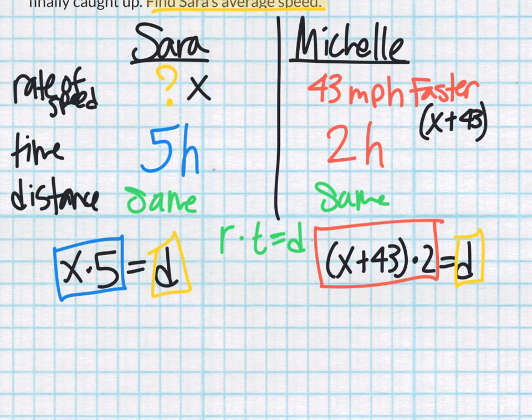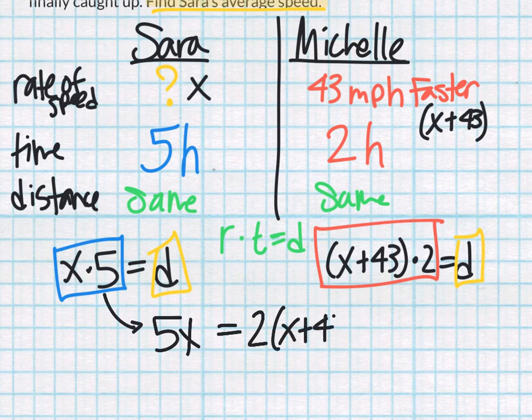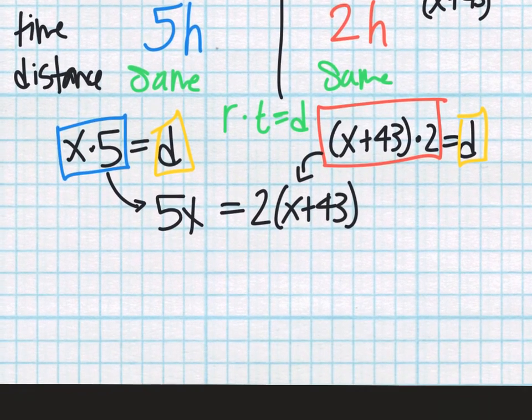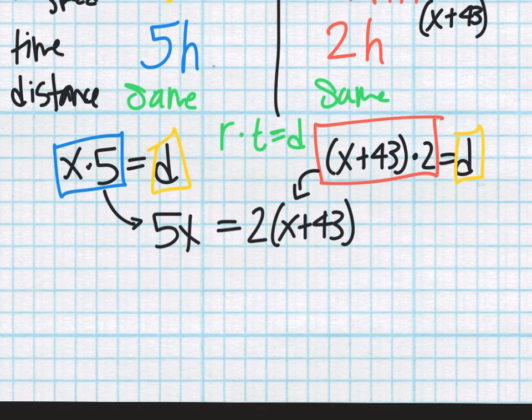So I'm going to combine these together. I'm going to have 5x, just switched it around to normal standard form, equals, I'm going to switch this around and put 2 first, 2 times x plus 43. I know these have to be equal to each other because they end up going the same distance.